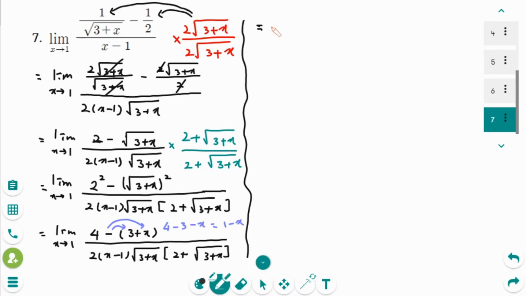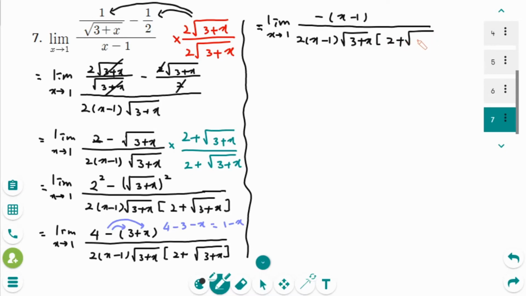And then limit as x approaches 1. The numerator is 1 minus x, but can be written as minus x minus 1, over 2 times x minus 1 square root of 3 plus x times 2 plus square root of 3 plus x.